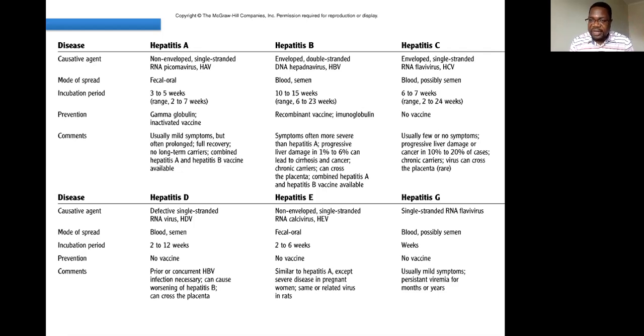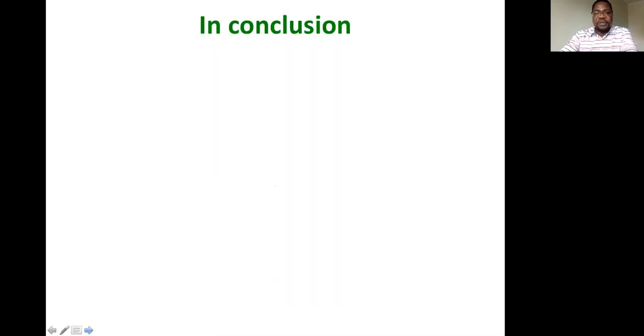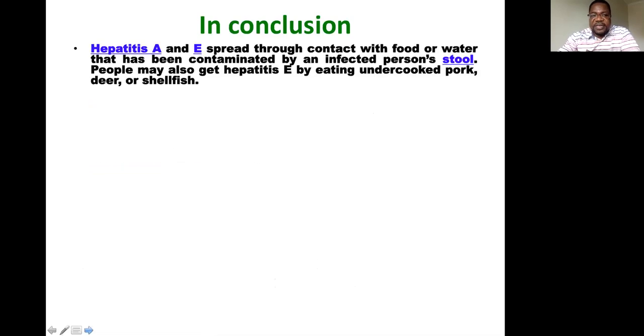But we will also discuss the advantage of this long incubation period when we deal with a specific type of this infection. So, in conclusion for this overview, hepatitis A and E spread through contact, mainly with food or water that has been contaminated by an infected person's stool. Remember that we find these viruses in the feces of an infected person.